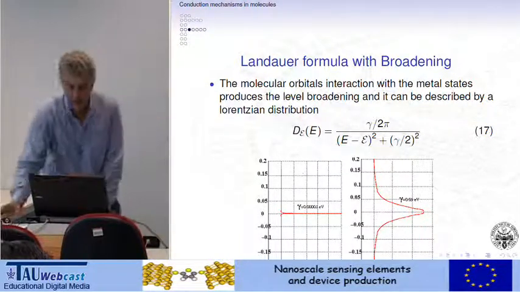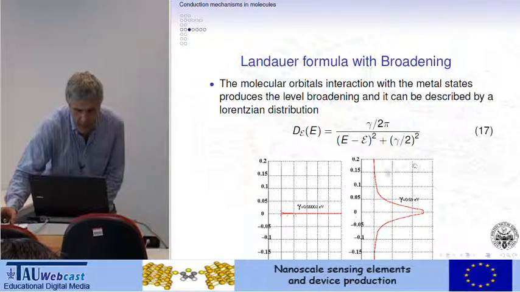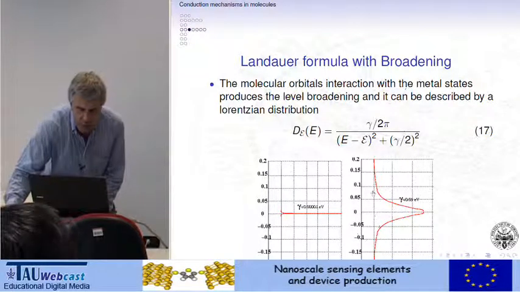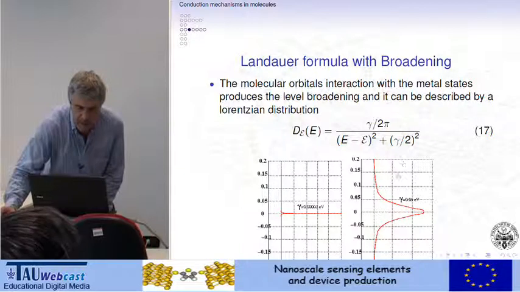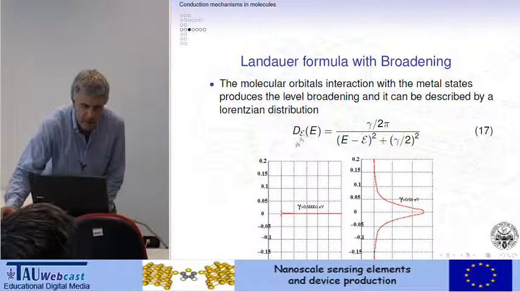In other words, at the interface between metal and molecule, this molecular level interacts with the metal, and we have a broader distribution for that level.